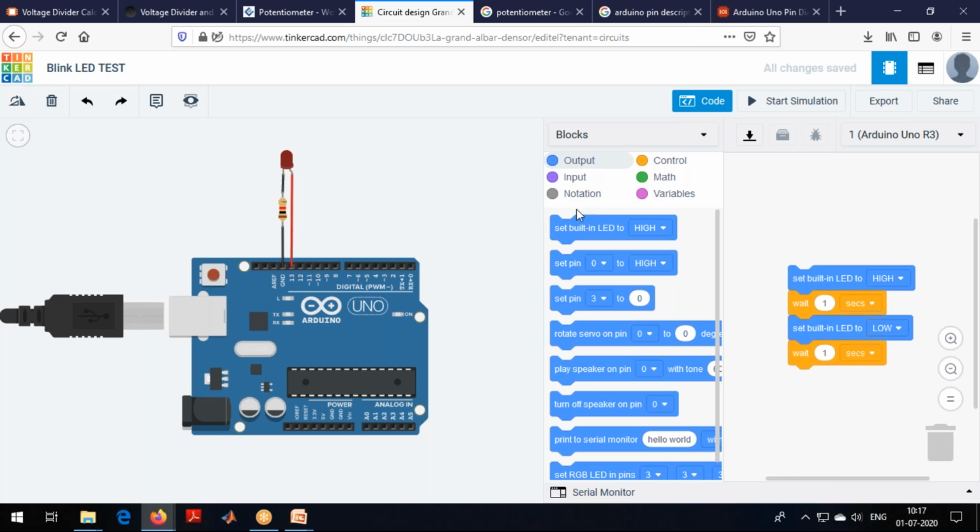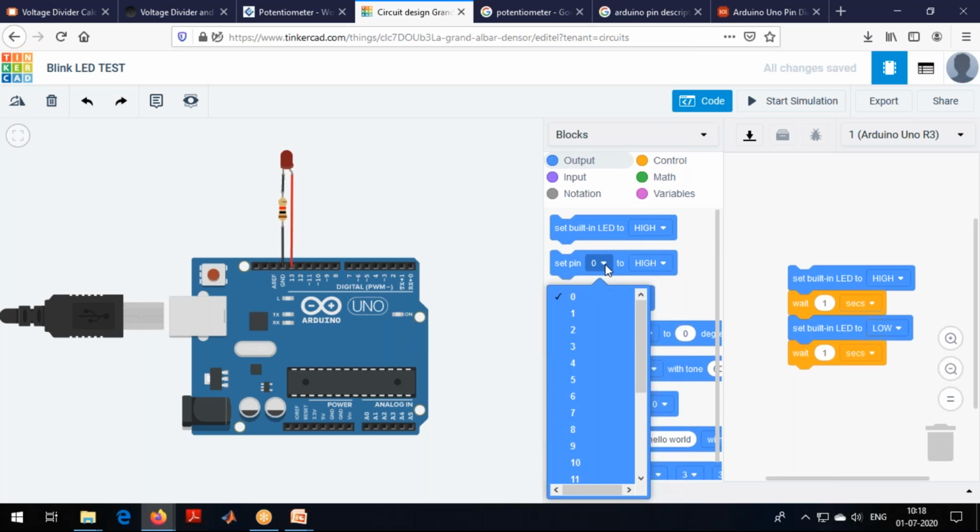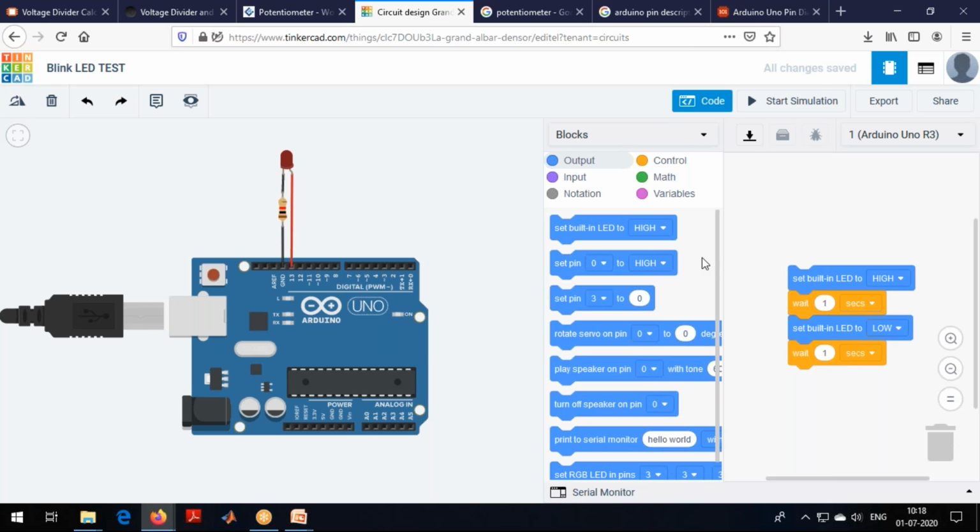Output block. When I see the output block, it says set built-in LED to high or maybe low. Set a particular pin. Set pin on 0, 1, 2, 3, 4, all these pins to high or low. Set a corresponding pin to 0 or 1. When I write these things, code will be written automatically.